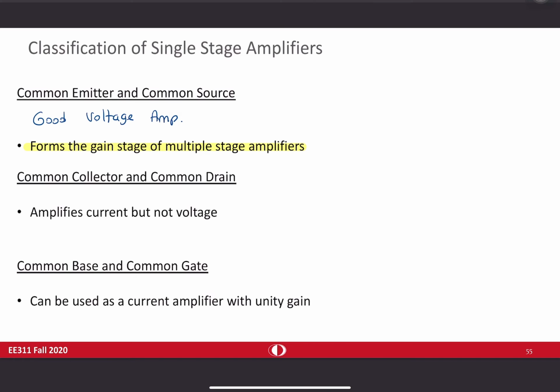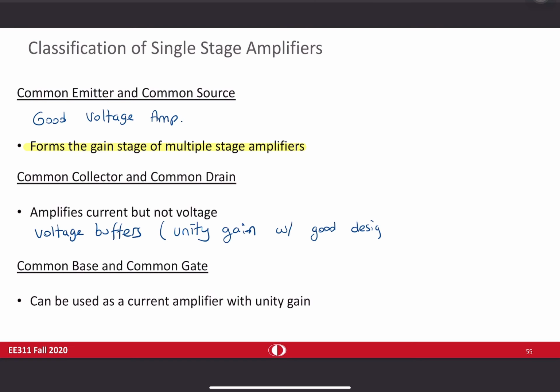Common collector and common drain. They amplify current but not voltage, and they are good voltage buffers. Unity gain can be achieved, of course, with a good design.